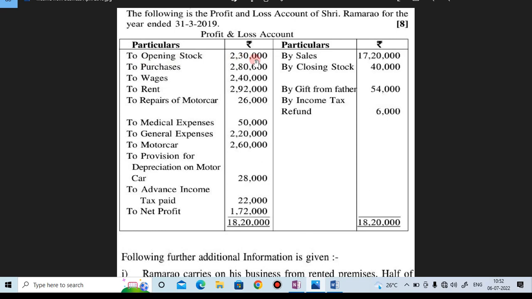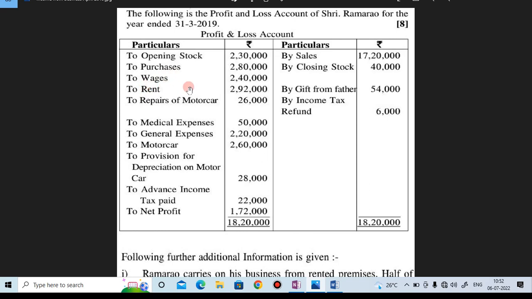Opening stock is related to business expenses. Next, purchases 2,80,000. Purchases are also related to business. This opening stock and purchases are not disallowed expenses.